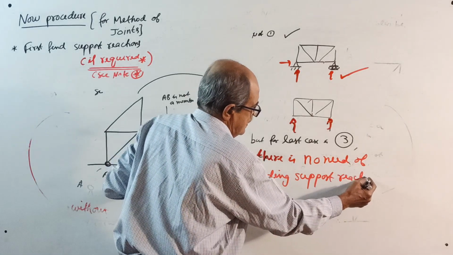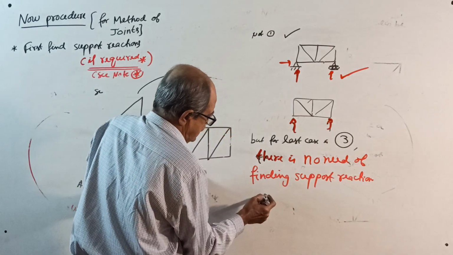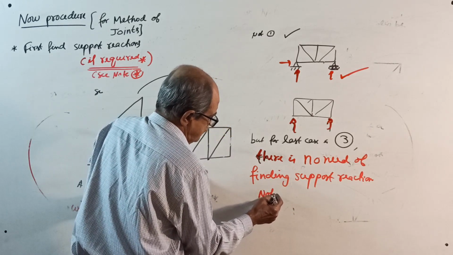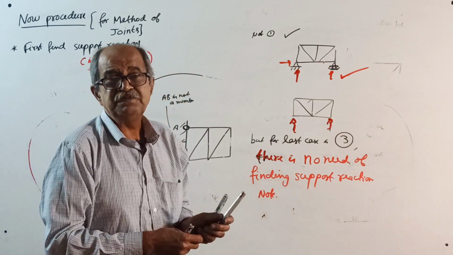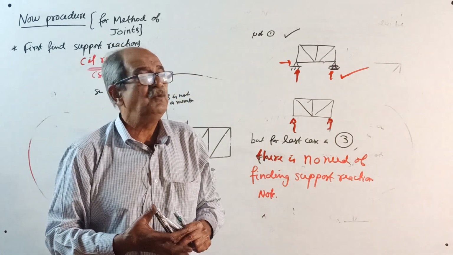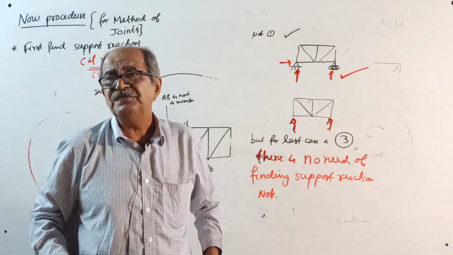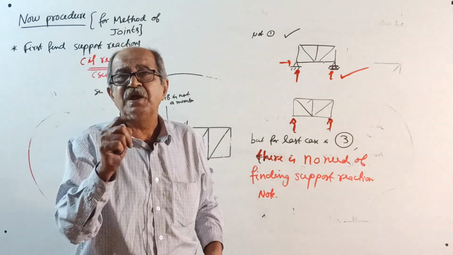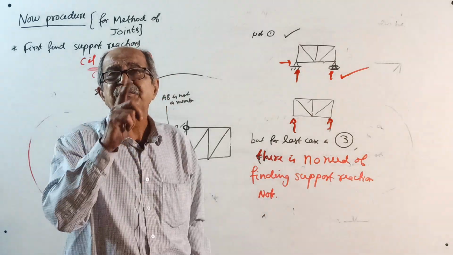Then make a note here. This is all the explanation for my procedure where I told that the first step is to find support reactions if required. I am explaining that if required.